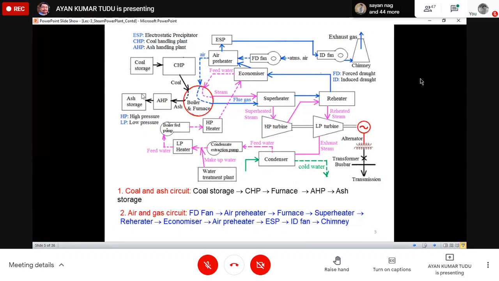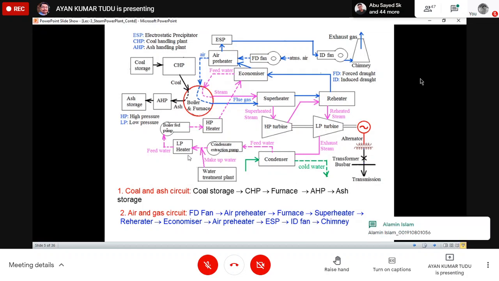As you can see, the condensate which is leaving the condenser is first heated through these LP heaters. When we talk about this circuit in detail, we'll be talking about an apparatus known as the deaerator.